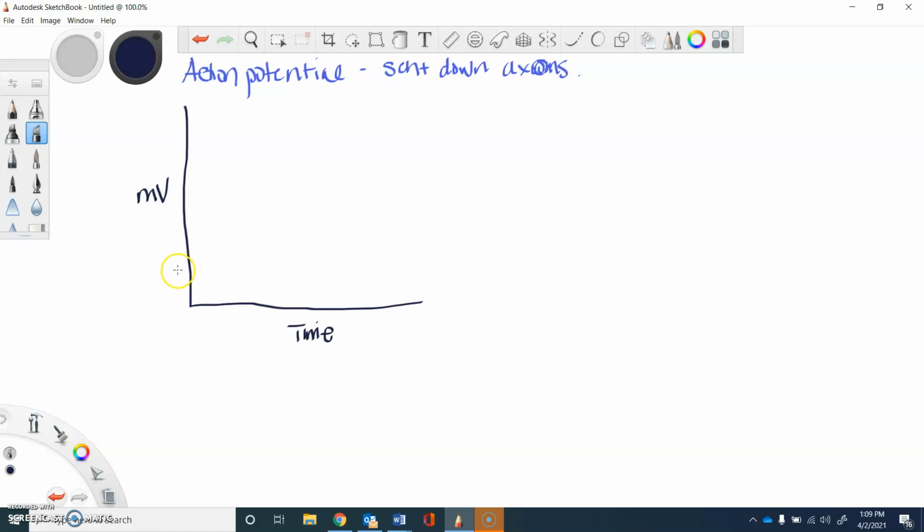We know that a resting membrane is at -70. Got +30 up here. And then right here we have about -55, which is going to be important in making these action potentials fire, okay?